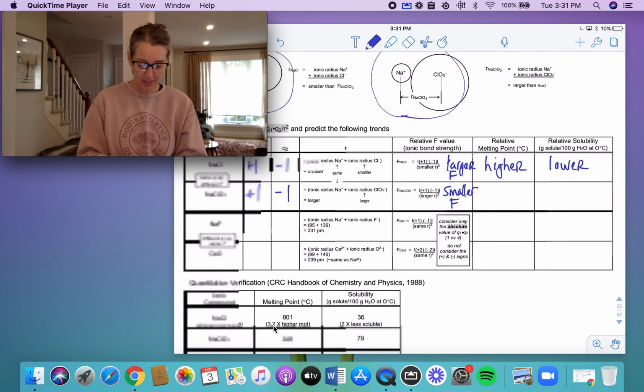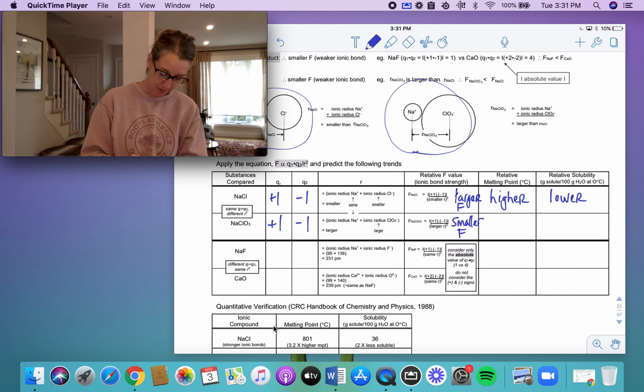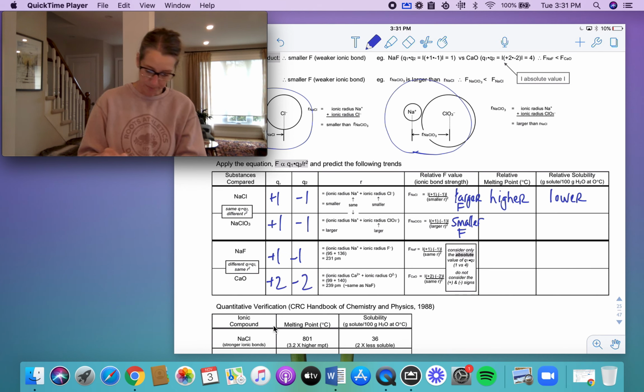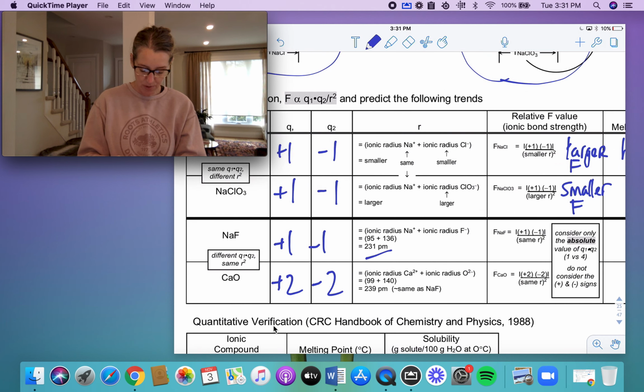Okay. Conversely, if you were to compare two other ionic particles, sodium fluoride and calcium oxide, +1, -1, +2, -2, they have roughly the same radius. Can you see those values? 231 picometers, 239 picometers.